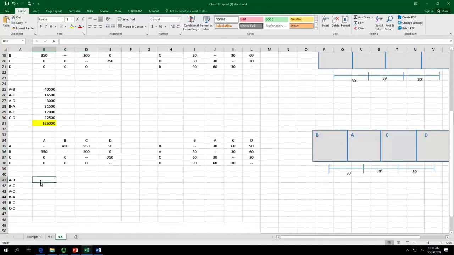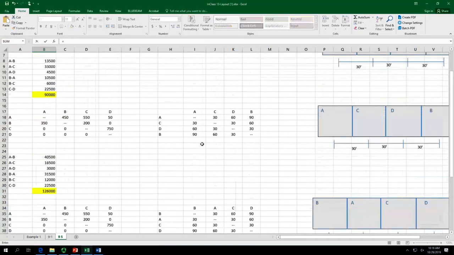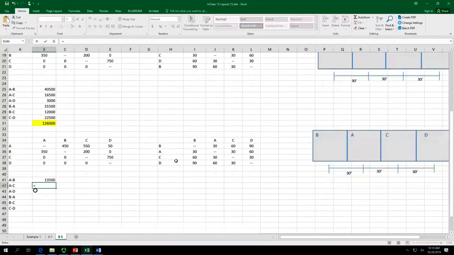And now we see the AB people count times the distance. So B and A, now they are close to each other, is 30. And A and C, AC is 550, and A and C are close together, so it's 30 times 30.